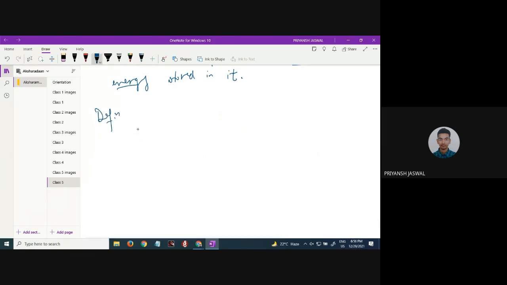What will be the definition of electric potential difference?